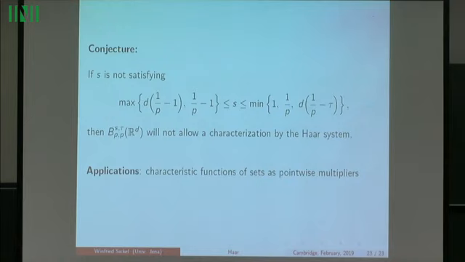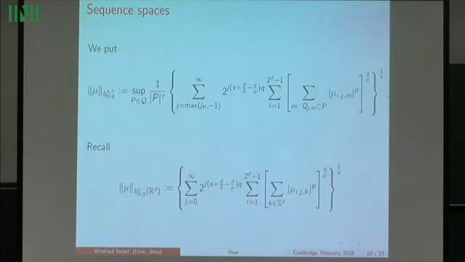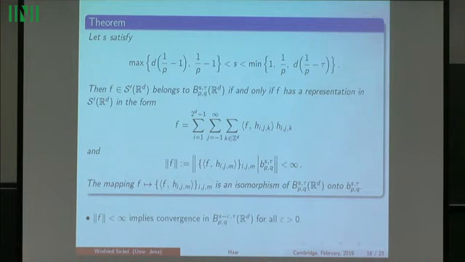If you look for the conditions under which the characteristic function of a half space is a pointwise multiplier, and you transfer this question to the level of the sequence space, then it's an exercise. It's a two-line proof to show that under the conditions of the theorem, exactly under these conditions, the characteristic function of a half space is a pointwise multiplier for these Besov-type spaces.